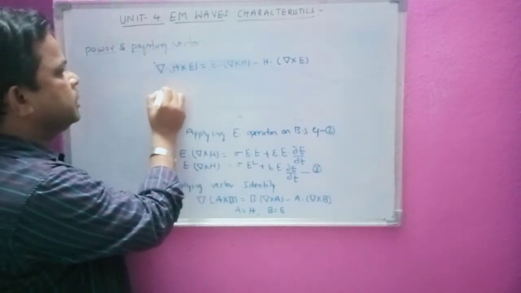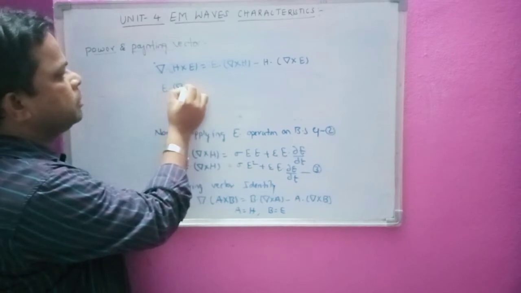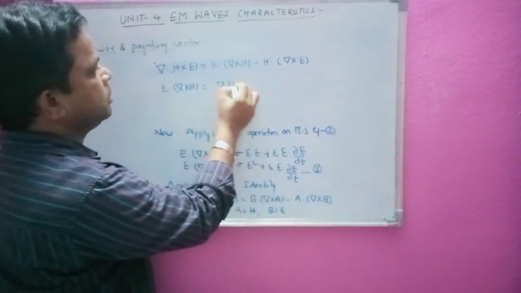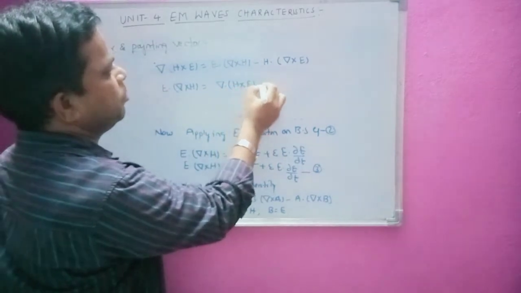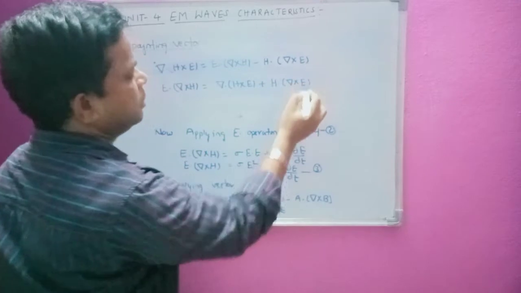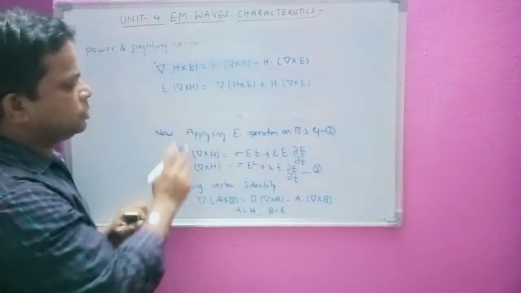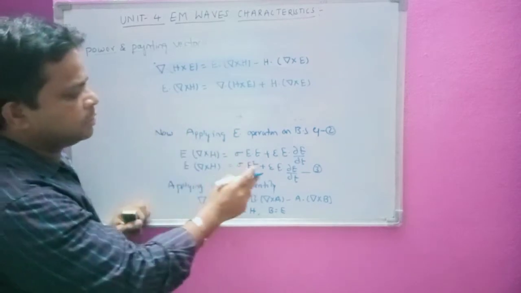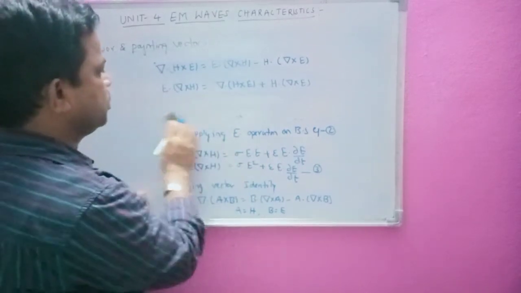That is, I will get E dot del cross H is equal to del dot H cross E plus H dot del cross E. So the left hand sides of these two equations are the same.